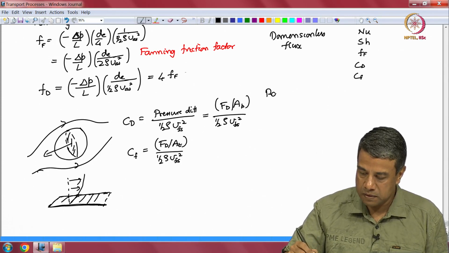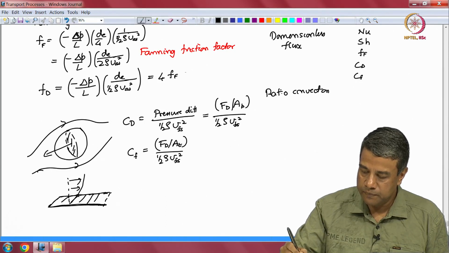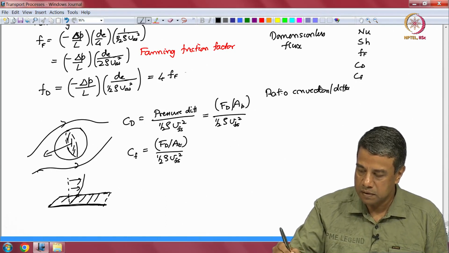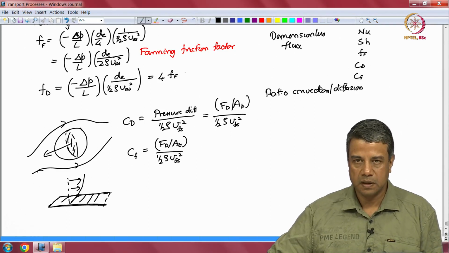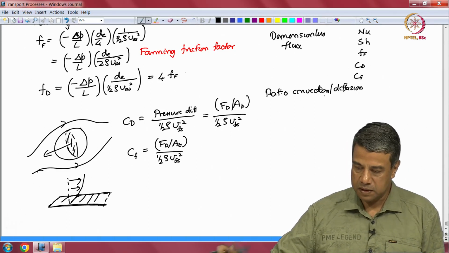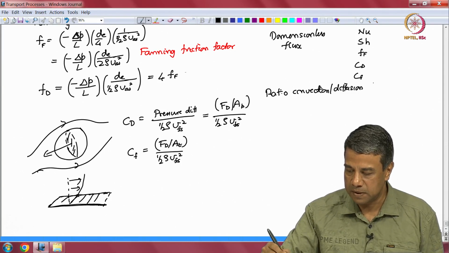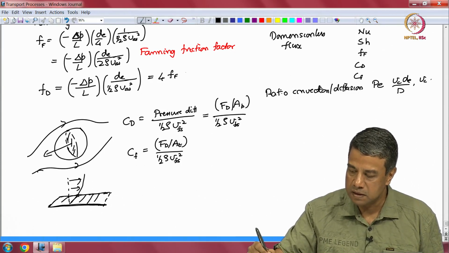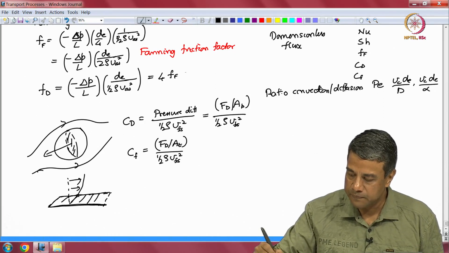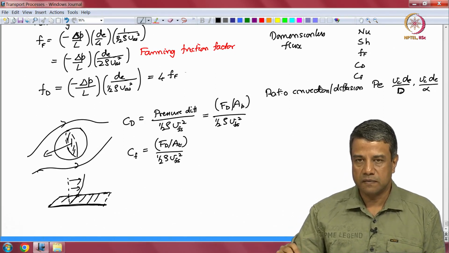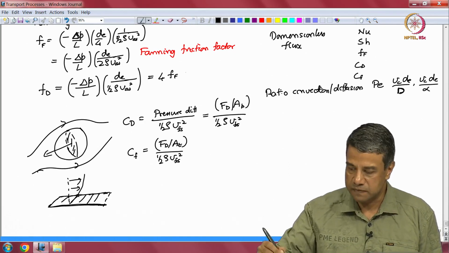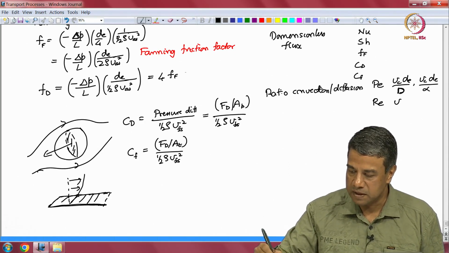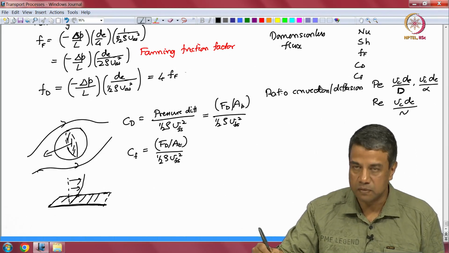And then I have ratios of convection and diffusion. These are the Peclet number, that is V characteristic equivalent diameter by D and V characteristic equivalent diameter by alpha, for mass and heat transfer, and the Reynolds number, which is V characteristic equivalent diameter by nu.